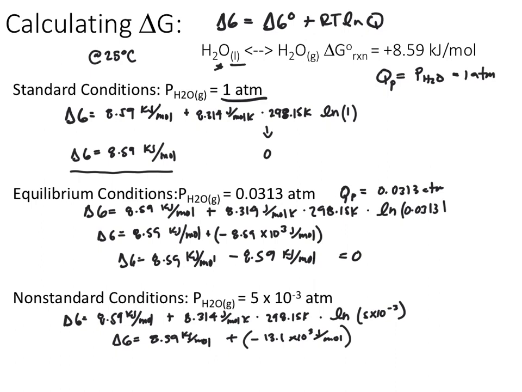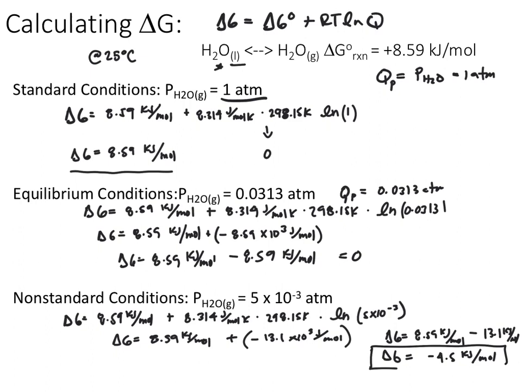Then we end up with a delta G value of negative 4.5 kilojoules per mole. So under non-standard conditions, the process of liquid water going to its gaseous state is going to be spontaneous because our delta G of reaction is negative.